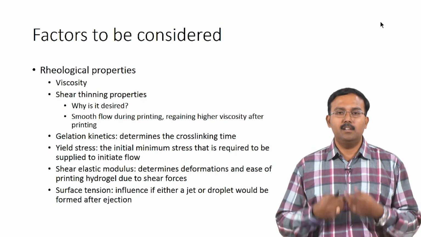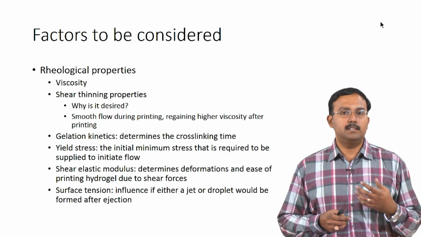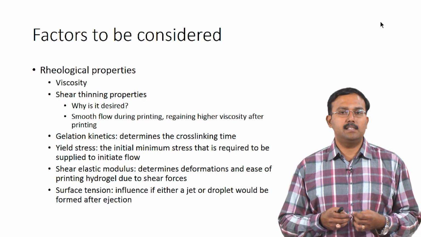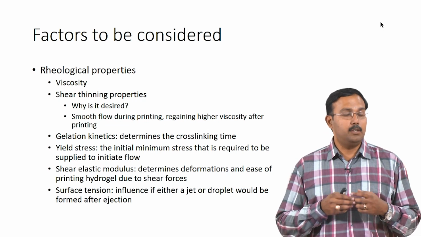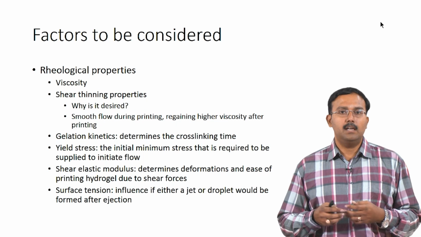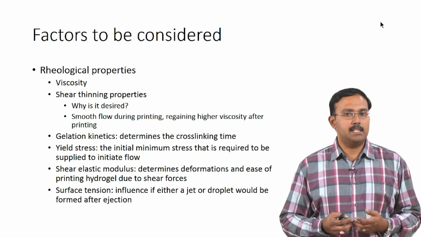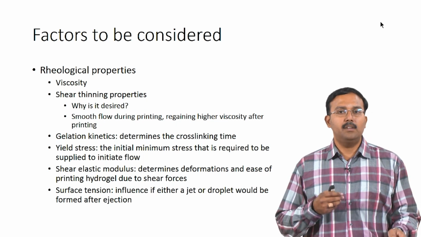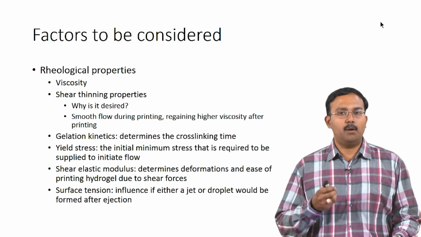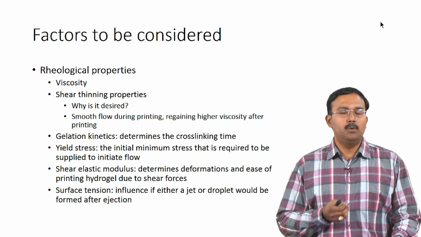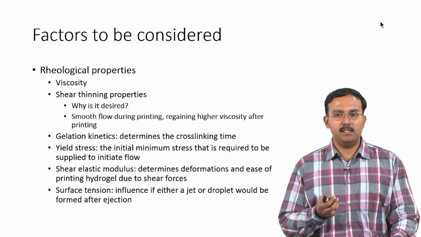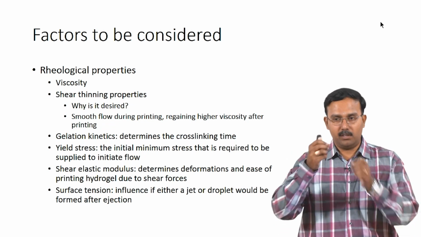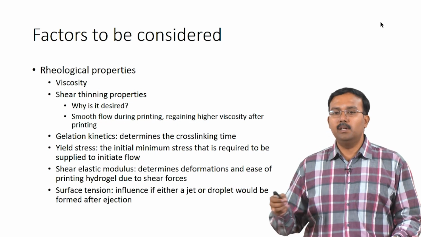That will create the flow, and shear elastic modulus determines the deformations and ease of printing of the hydrogel due to the shear forces. You also need to look at surface tension, because this influences whether a drop or a jet would be formed after ejection. Depending on the surface tension, you would either have a small drop or a jet of fluid coming out.